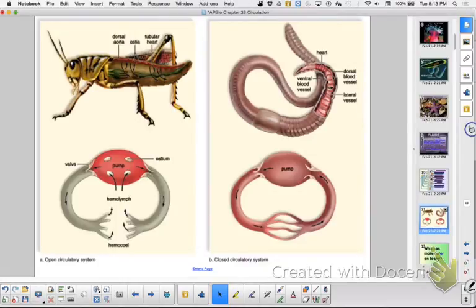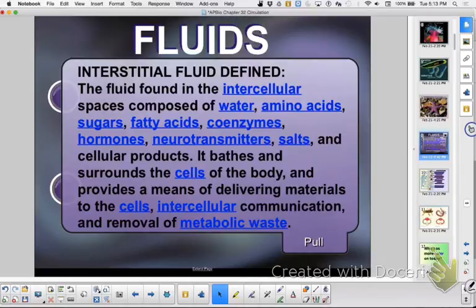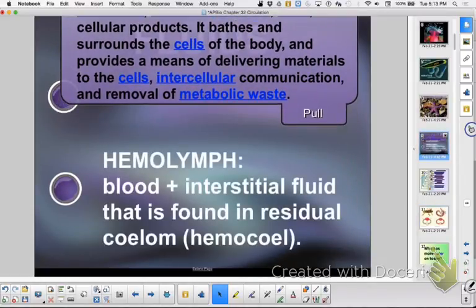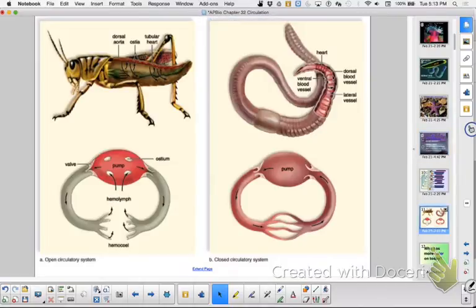A second type of fluid that you're looking at right here is this interstitial fluid, referred to as hemolymph, interstitial fluid plus blood. And when you look at the grasshopper, he has a heart running up the back here. Let me get a better color. And he has a heart right through here.